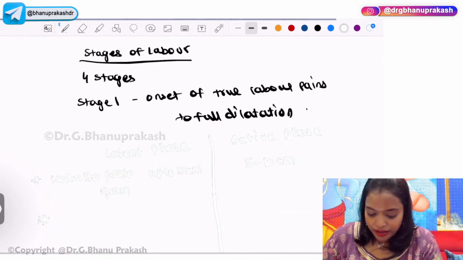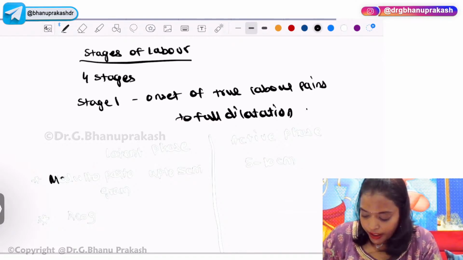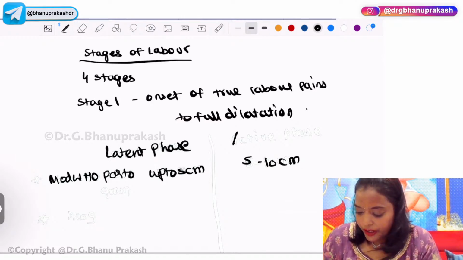Next, coming to ACOG. ACOG tells that, according to the modified WHO Partogram, up to 5 centimeters is the latent phase and 5 to 10 centimeters is the active phase.